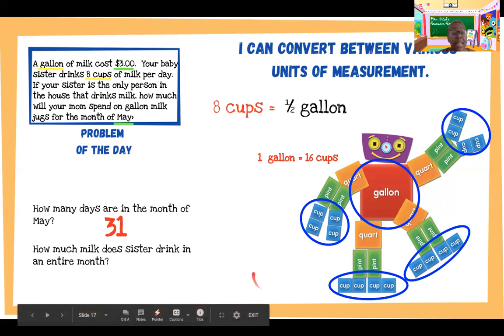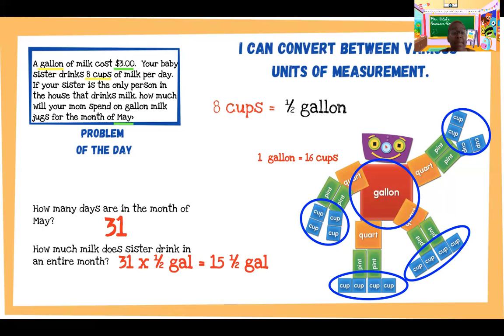Did you say multiply? Exactly. If I multiply 31, that's our number of days, times a half a gallon, which is what she drinks every day, I get 15 and a half gallons. And that will tell me how much milk our sister can drink in a month.